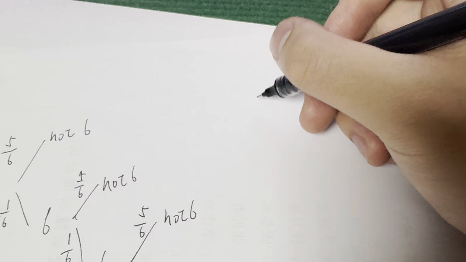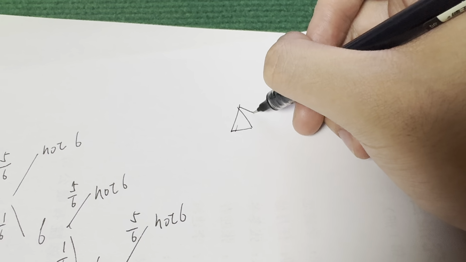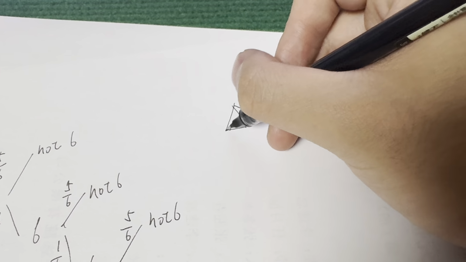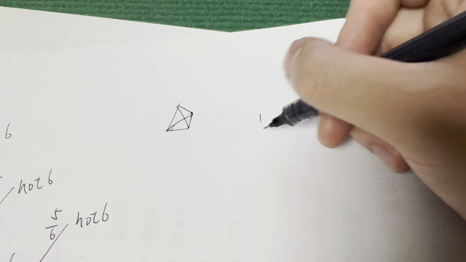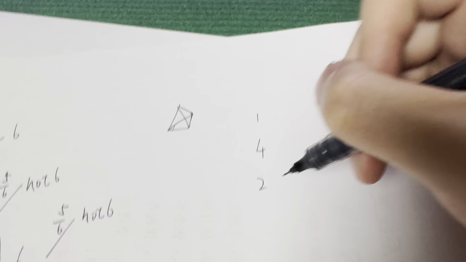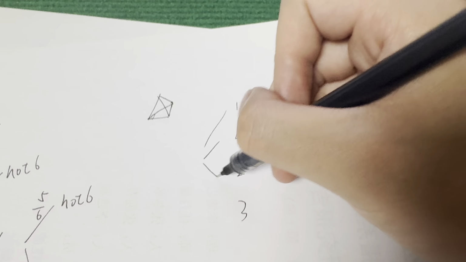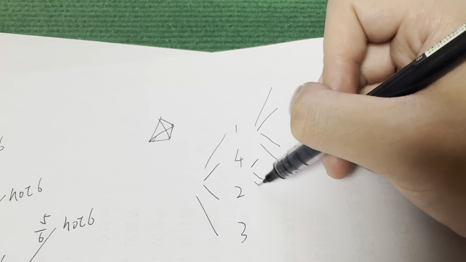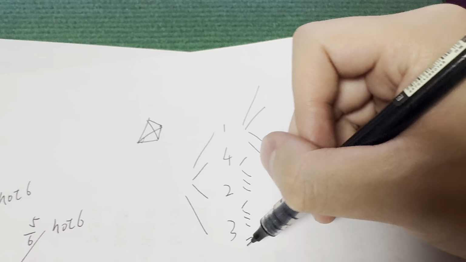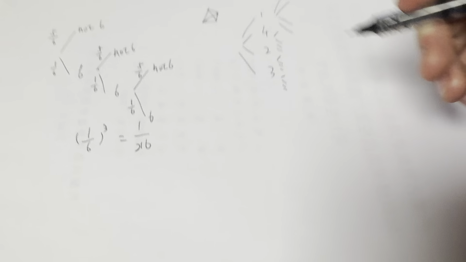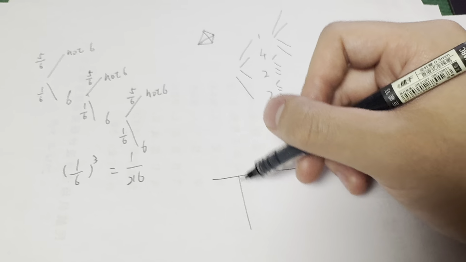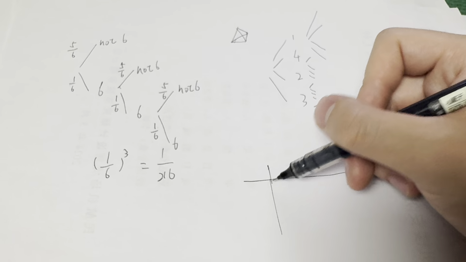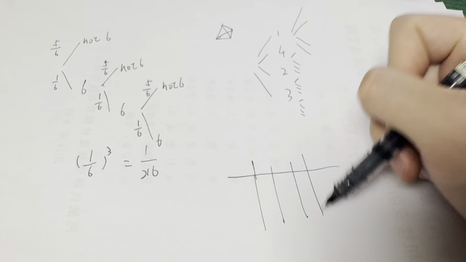Imagine a four-sided dice: 1, 2, 3, 4. We have 4 outcomes the first time, and for the second dice, for each number we have to draw four branches again. It's really slow, but for this case, sample space diagrams will be easier, isn't it?